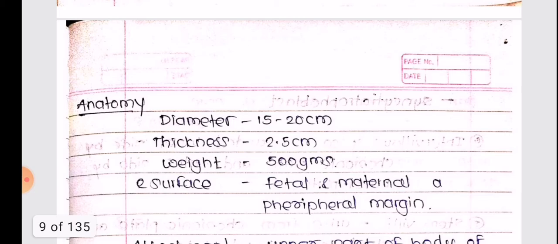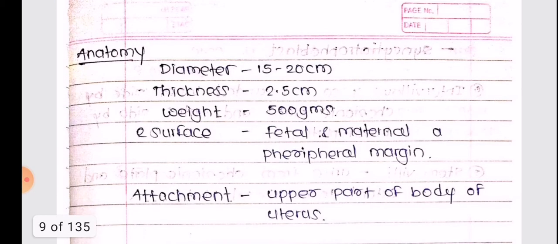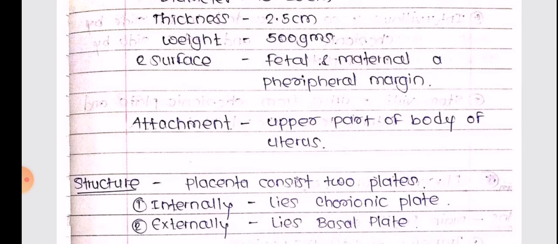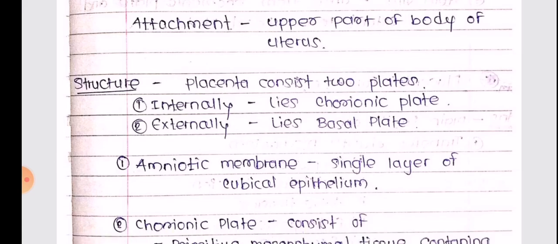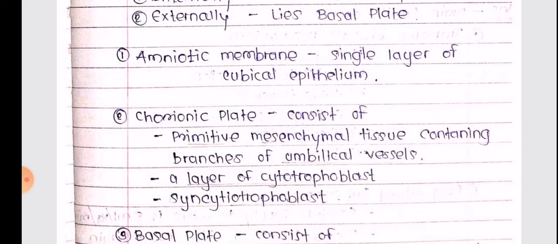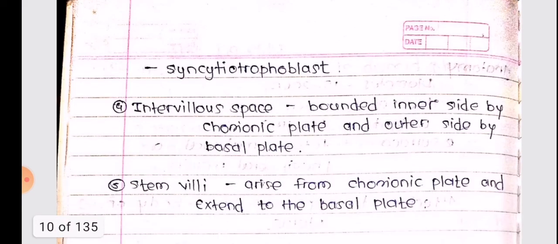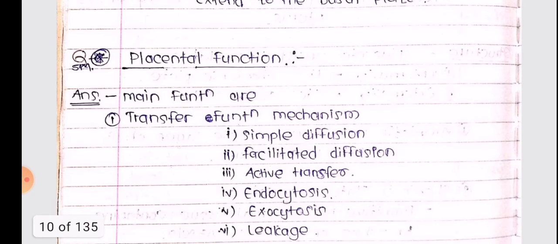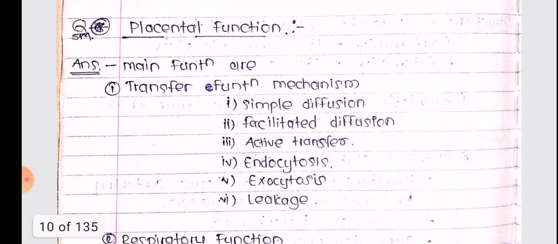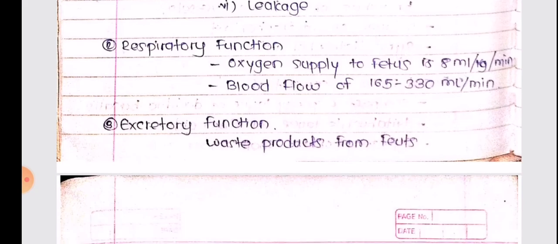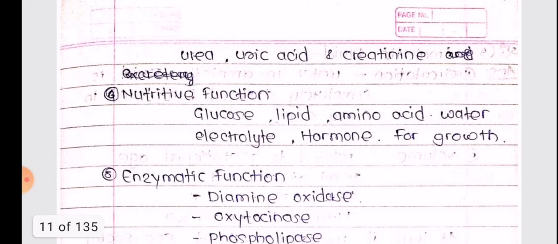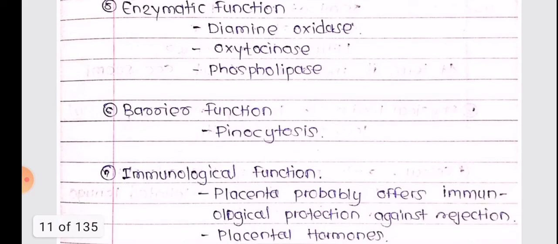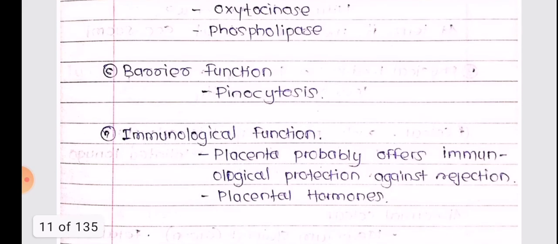Then the anatomical features, wherein important to remember is the diameter, which is 15 to 20 centimeter, thickness 2.5 centimeter, and the weight, which is 500 grams. Then the internal and external structures of placenta. And lastly, the placental functions, wherein the main functions are transfer, respiratory, excretory, and nutritive functions, and enzymatic, barrier and immunological functions of placenta.